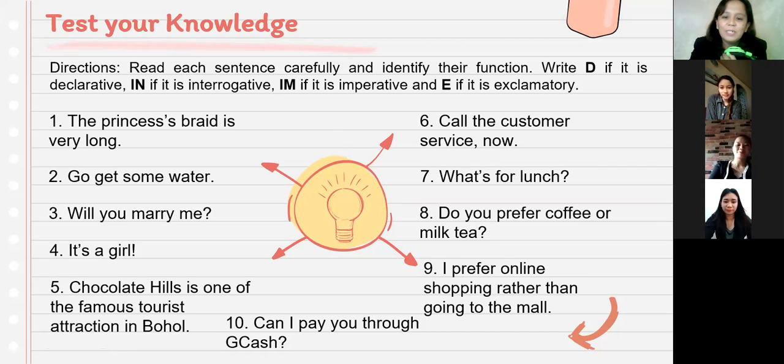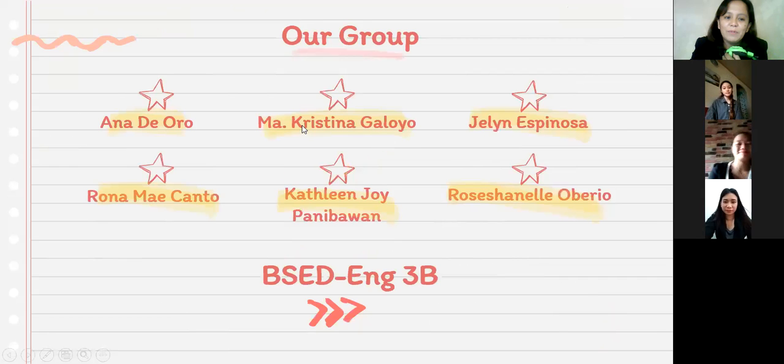So we've discussed the different types of sentences based on their function, and also how punctuation marks affect the meaning of each sentence. I hope you've learned something today, and we look forward to seeing you again tomorrow for our next class.